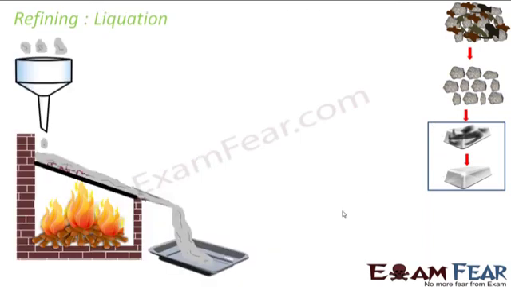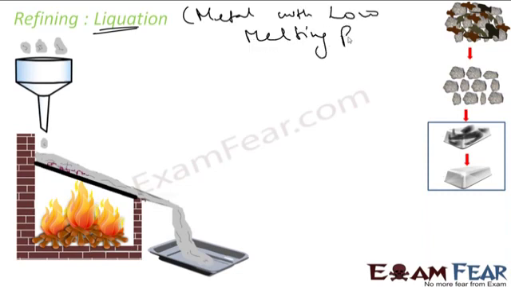The next is liquefaction. Liquefaction means liquid; you have to liquefy it. We use this for metals with a low melting point. We are not talking about the boiling point here, we're talking about metals with a low melting point, which can easily melt.